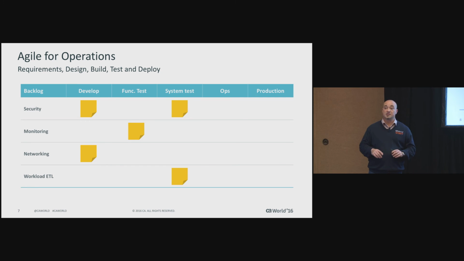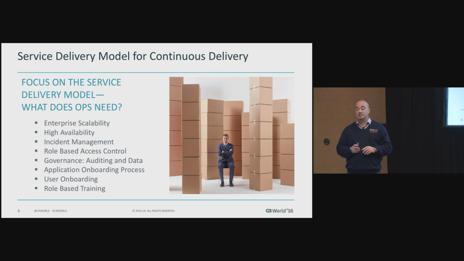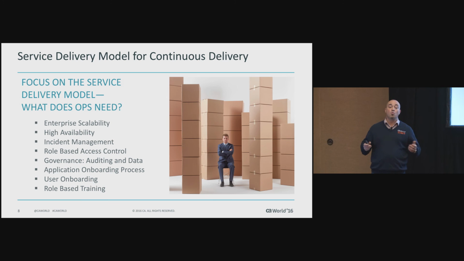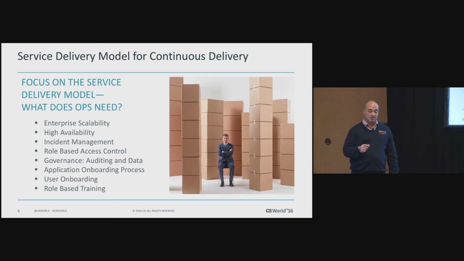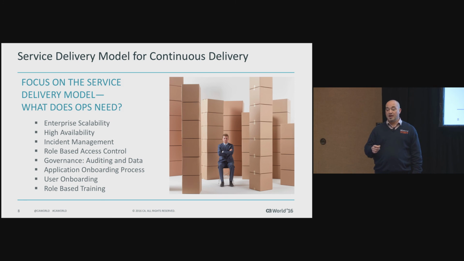expand the artifact conversation and really understand, in order to do that, what it is that the operations side requires. When we focus on continuous delivery, we're always looking at enhancing the application. What's important to make the application better? What are some of the functional capabilities you might see? But on the operations side, they're not so focused on the application enhancements or adding these features.